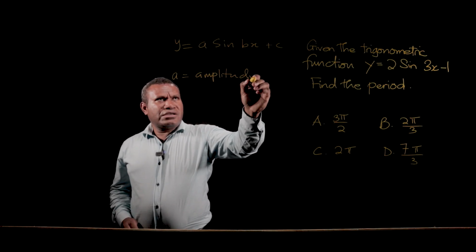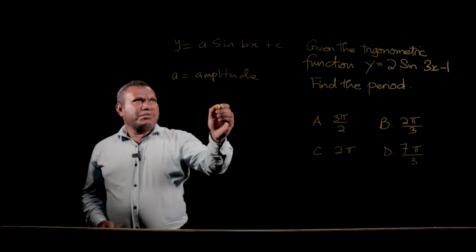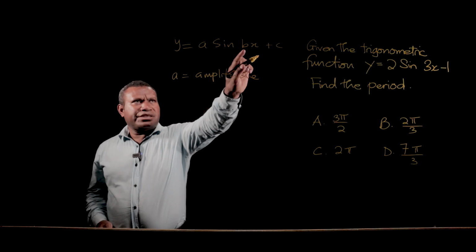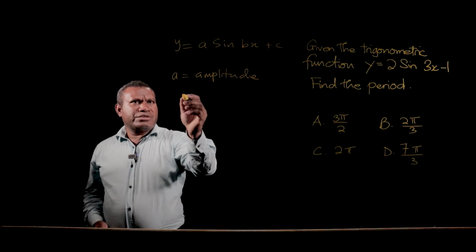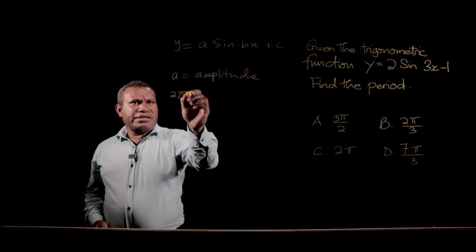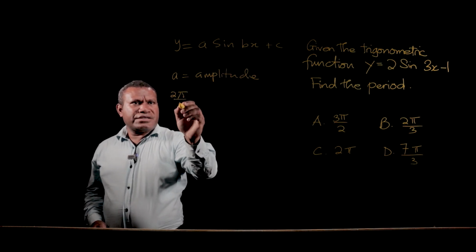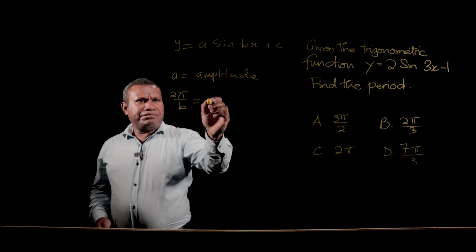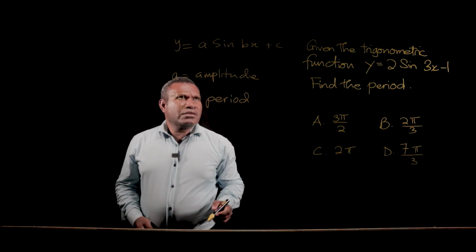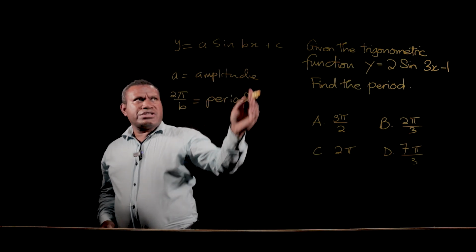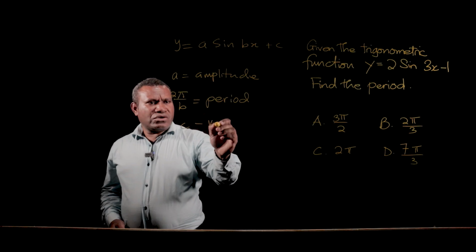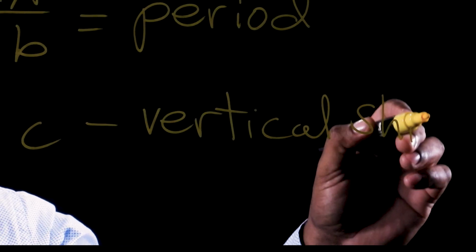To find a period, which is related to this constant b, 2 pi divided by this b will give us the period of the function. Now we go on to c. c is actually the vertical shift.